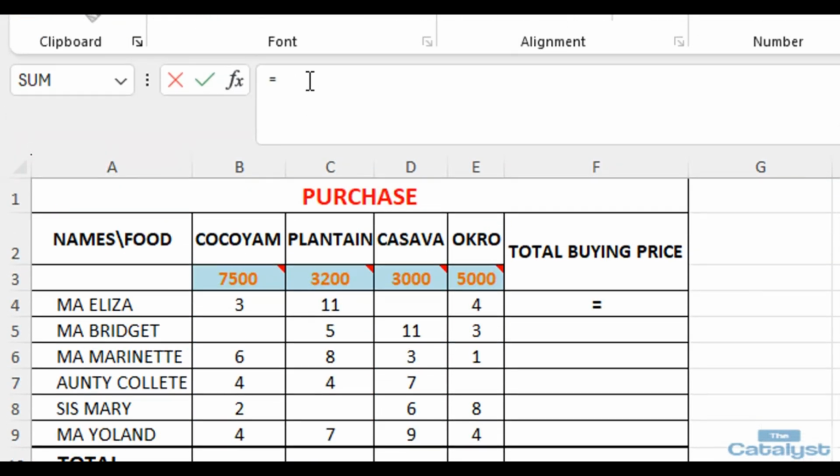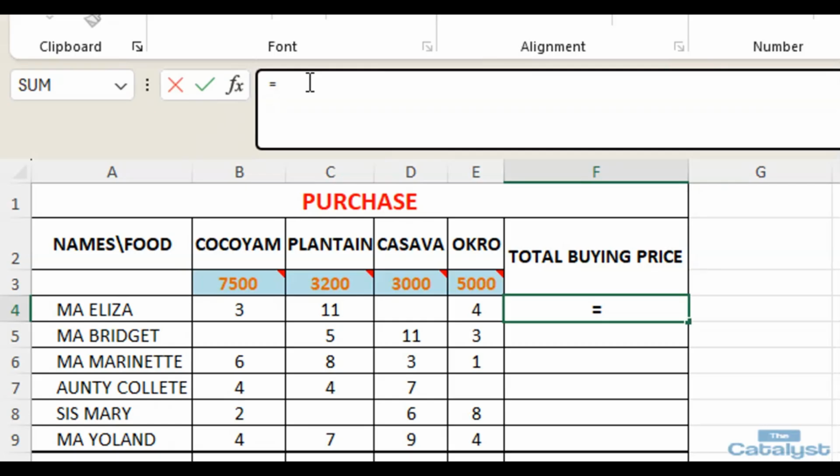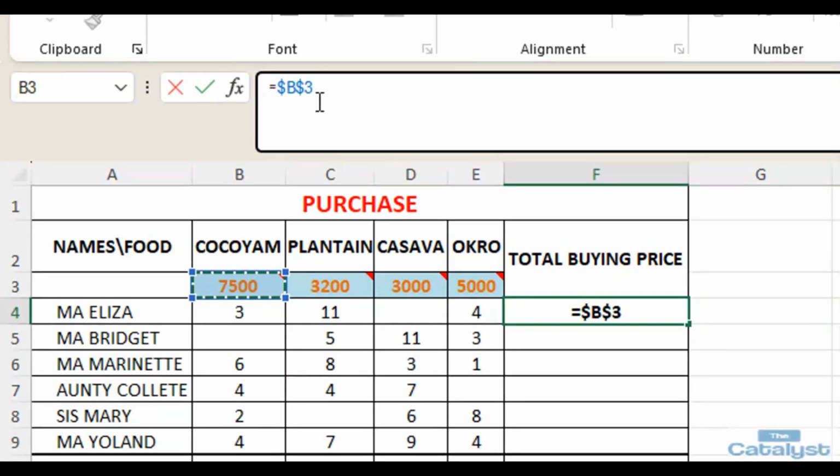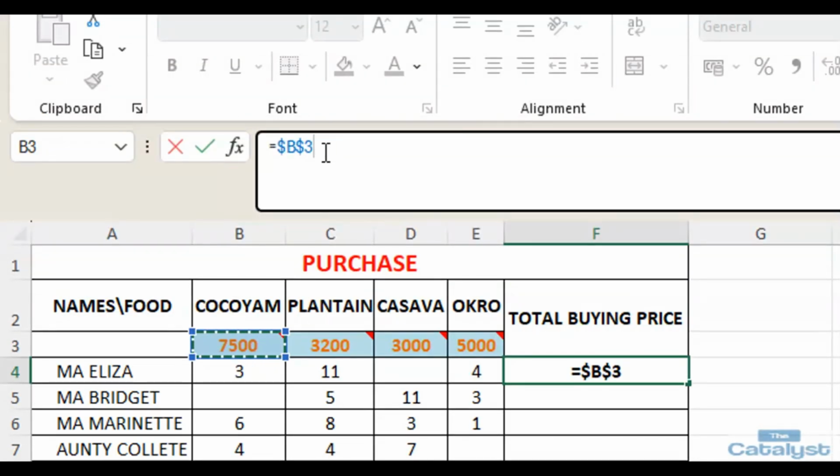It's better this way. Now I will take the fixed amount and make it absolute reference by putting the dollar sign. As you can see there, we have put the dollar sign to make it fixed because it is fixed for all the customers. So she took this times the quantity, plus this, which is also fixed.